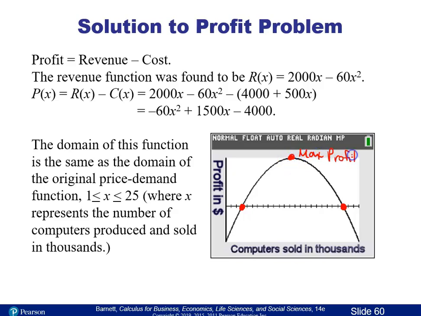Okay, so for whatever reason, we don't really know what the fixed costs are and the variable costs and so forth. There are places here and over here where you're losing money, okay, where the company's not profitable. But as long as you're between this break-even point and this break-even point, you're going to make some profit, with the maximum occurring here at the peak of that profit equation.